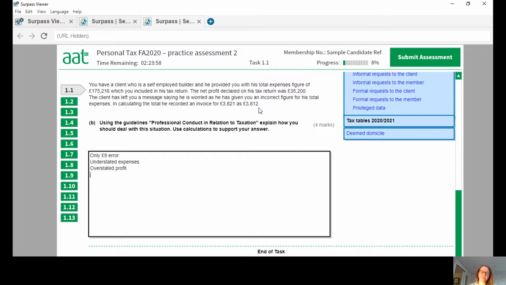If he's overstated profit, technically he has paid too much tax, assuming he is a basic rate taxpayer. This would amount to 20% of 9, £1.80.